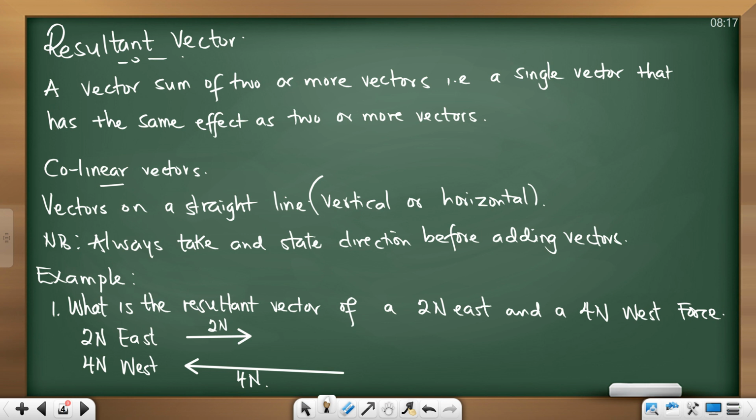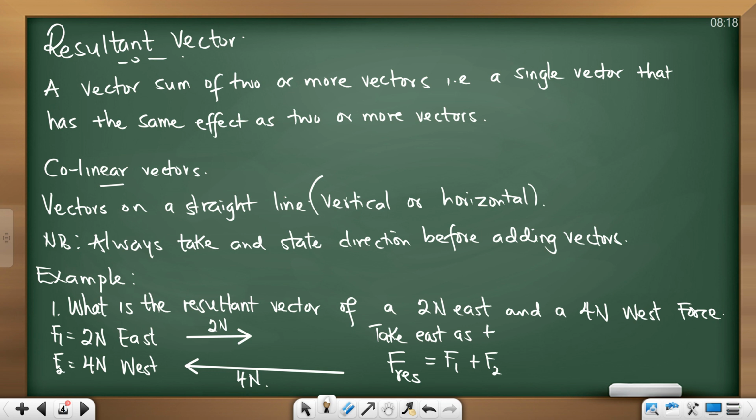So I would start by saying, let's take east as positive. Since you're dealing with force, we have F resultant, F res, equal to F1 plus F2. Our F1 is 2 Newton east. Our F2 is 4 Newton west.